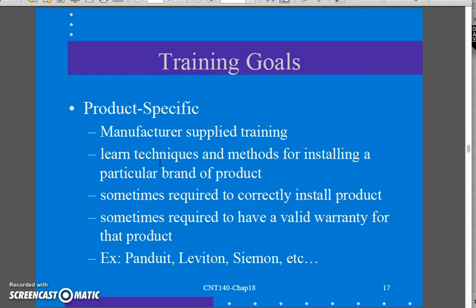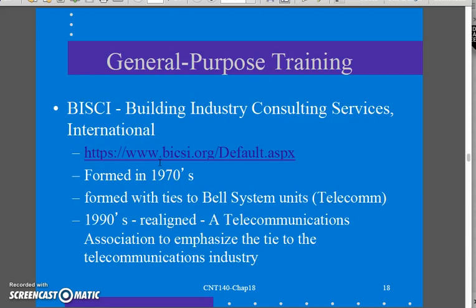Sometimes that manufacturer says your technicians need to be trained on Leviton products to be able to offer a Leviton warranty. Sometimes that sort of thing happens. Kind of like having a Ford mechanic work on a Ford car to be able to keep the Ford warranty. That kind of deal.